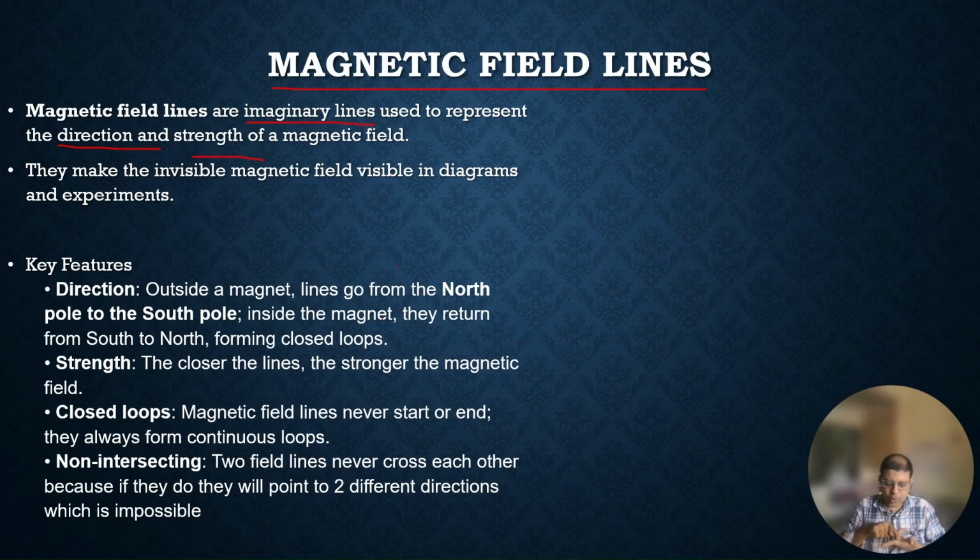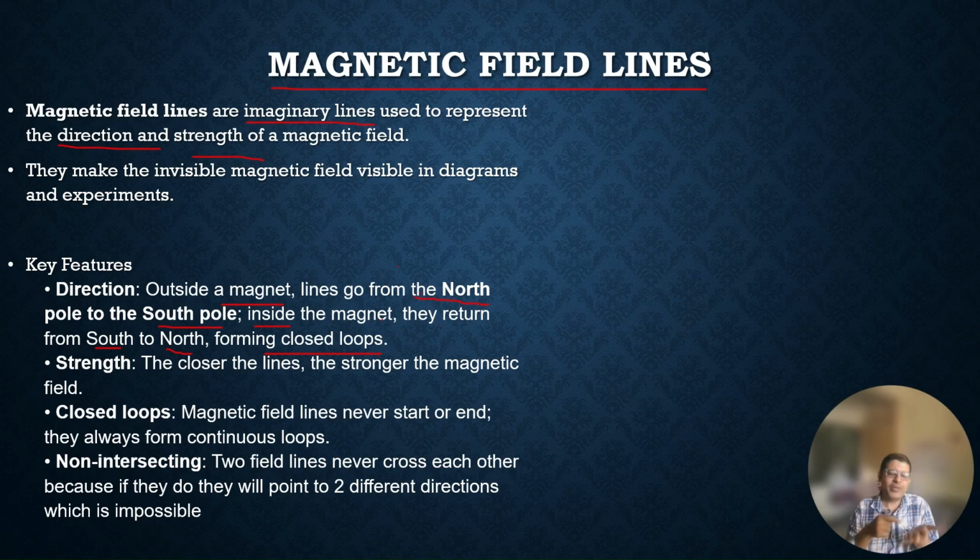And then from the south, inside the bar magnet, it will go from south to north. That's how the direction of a magnetic field is. It is explained here as well. Outside a magnet, lines go from the north to the south pole. And inside the magnet, they go from south to north. And they are hence called closed loops. They don't stop anywhere.